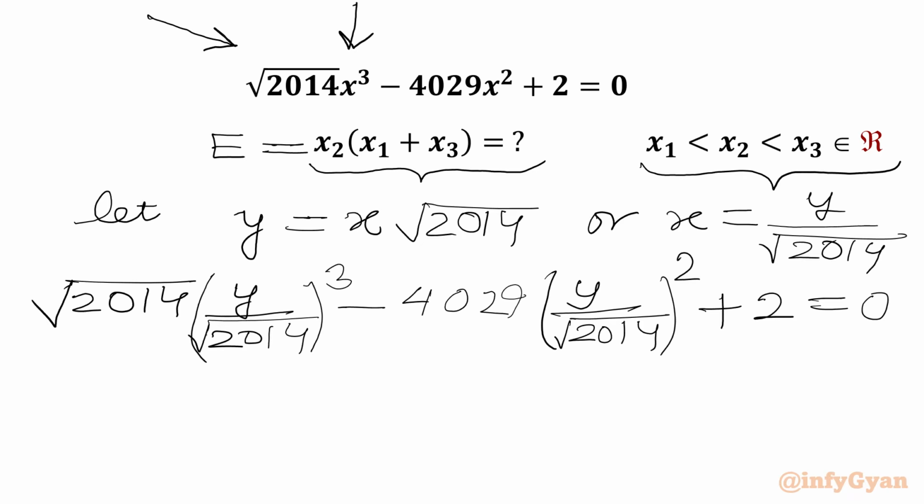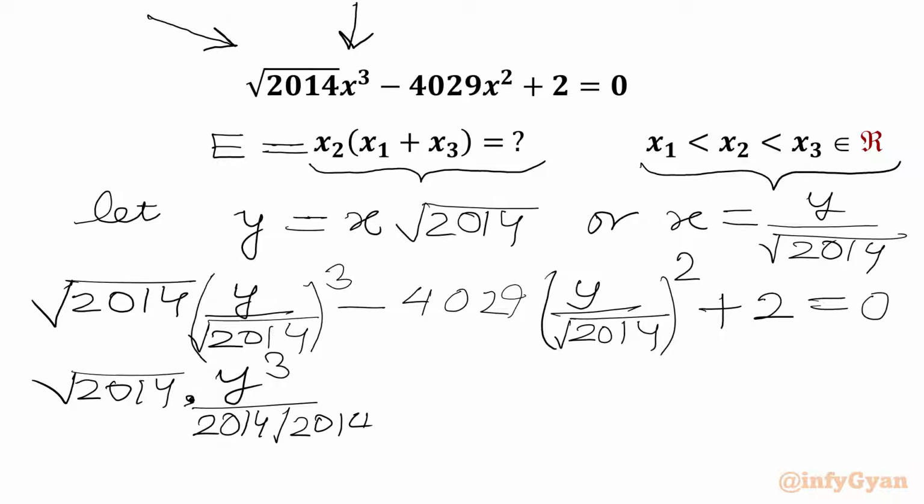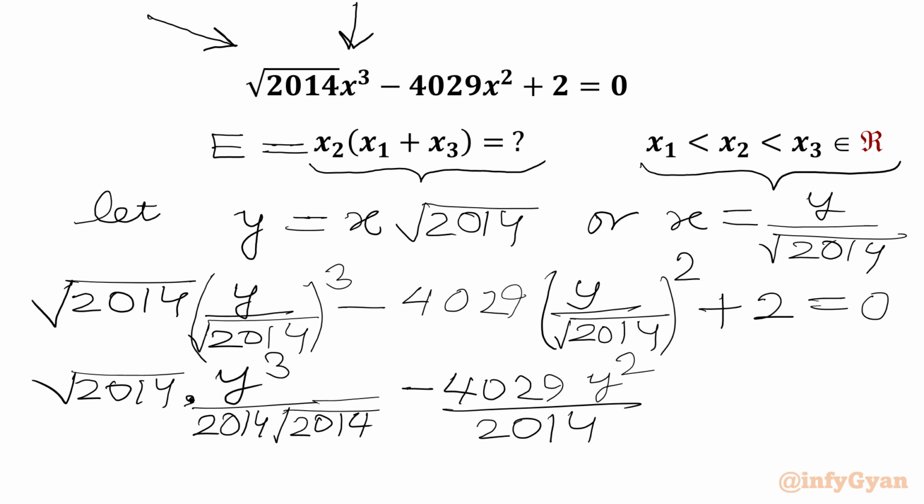Now we'll simplify the LHS. So I can write square root 2014 times y cube in the numerator, and in the denominator we are going to write 2014 square root 2014, minus 4029 y square over 2014, plus 2 equal to 0.